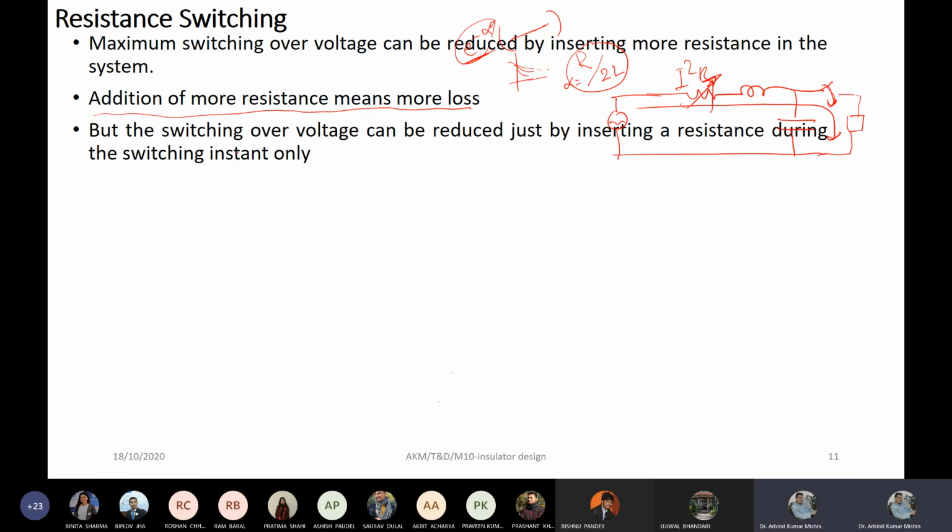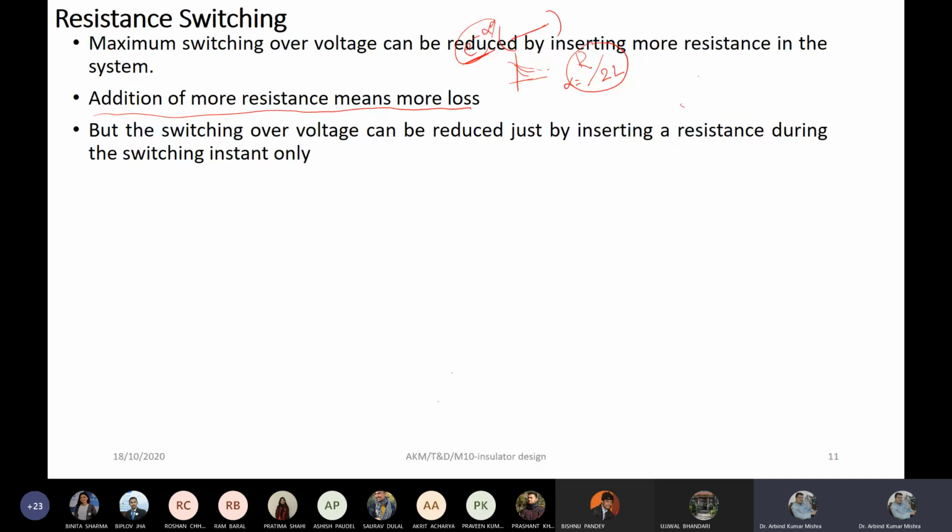But what is shown here is that we need the high resistance not throughout; even if just during the switching we can increase the resistance, we can achieve our work.